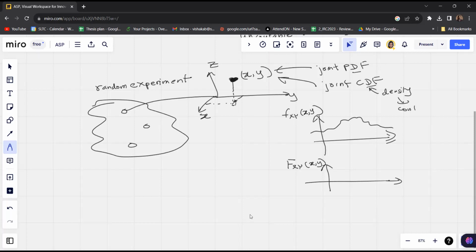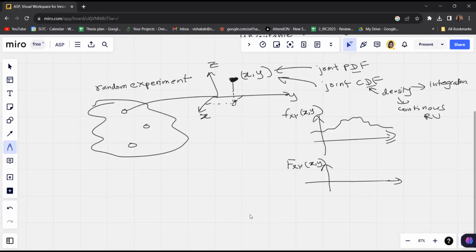So for the continuous random variables, in order for us to find the probability, this density is helpful. This density should be integrated to find the probability of a certain continuous random variable, so we have to take the integration to find the probability.